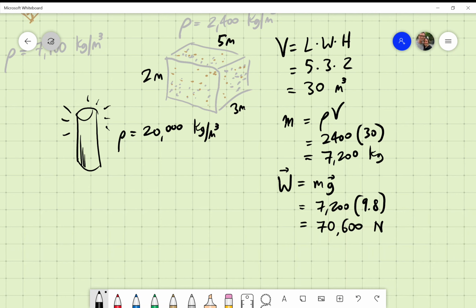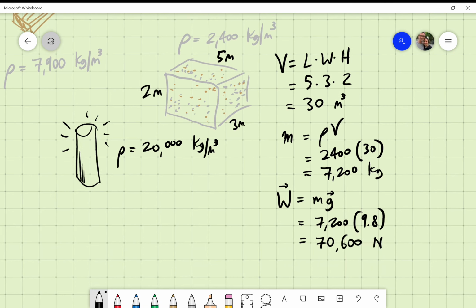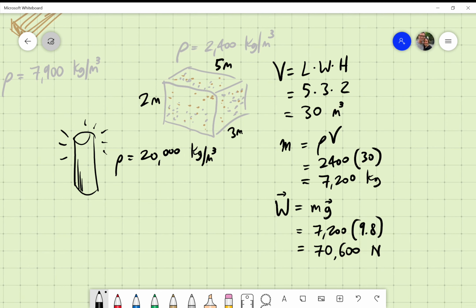I kept it to 3 significant figures because all of my data within my calculations really was never more than 2. So as it is, I'm being kind of generous. Okay, so that is how you connect mass, density, and volume. That is how you connect weight and mass.